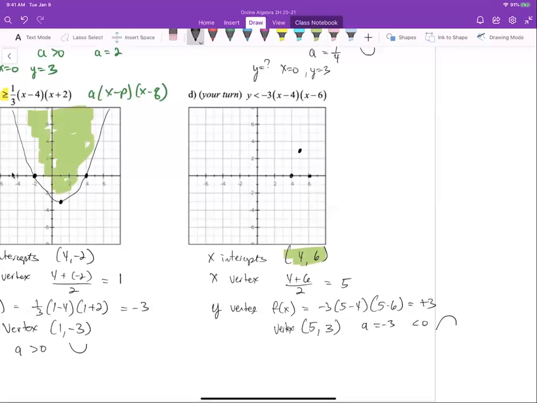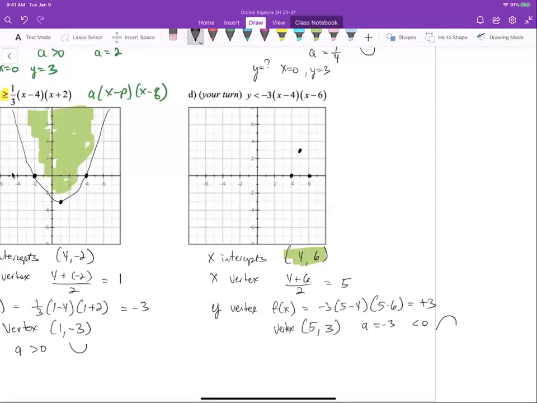But then let's also think about our dilation. If I went over 1, normally I'd go down 1. This time I go over 1, I go down 3, and that's right at the location of my x-intercept. If I go over 2, normally I would go down 4, but in this case I would go down 12, and then that's off the graph.